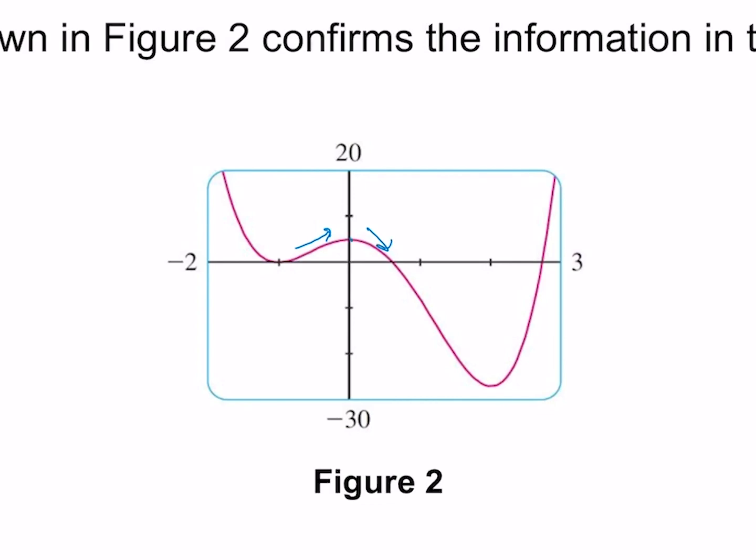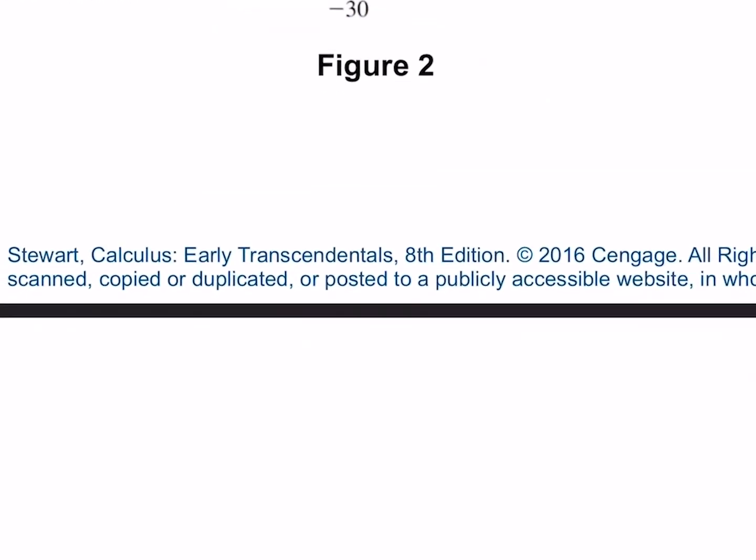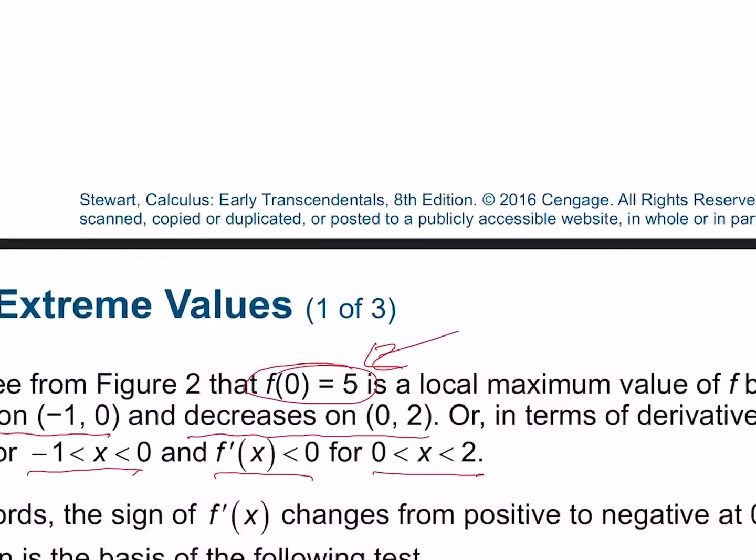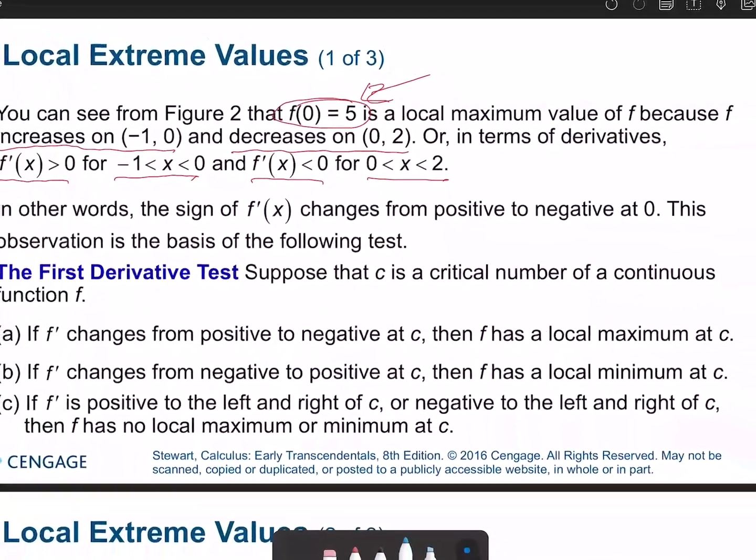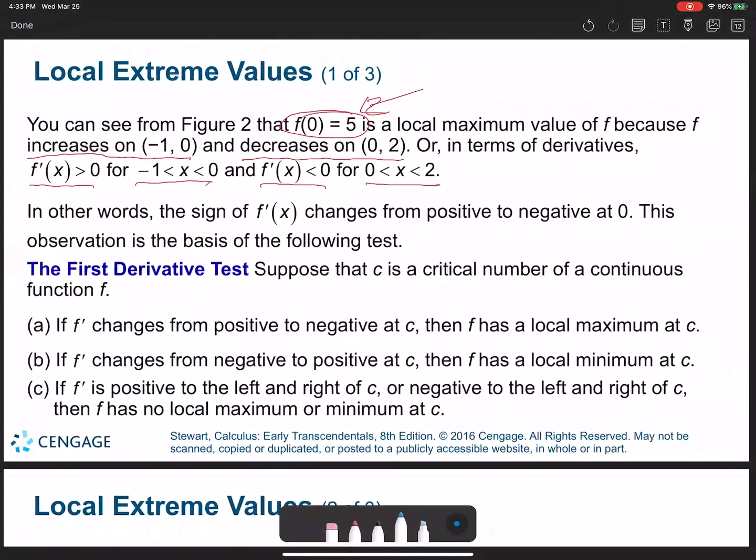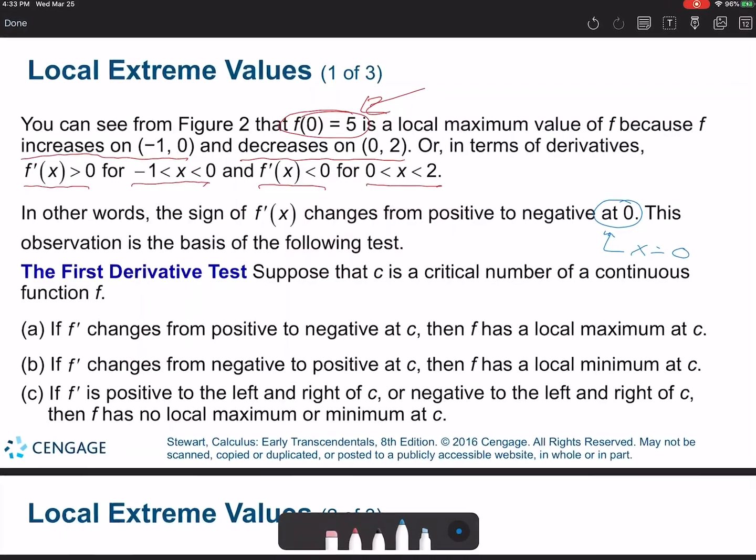Well, if I have to go uphill to get here and downhill thereafter, I must have hit a crest or popped over the top of a hill. In other words, the sign of f prime changes from positive to negative at 0. In other words, when x was equal to 0.